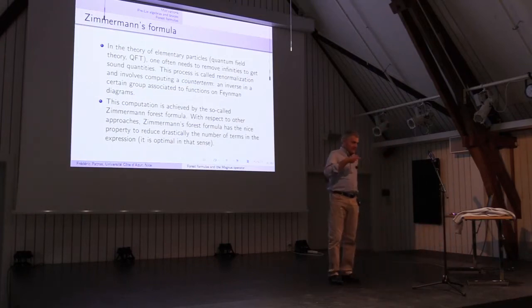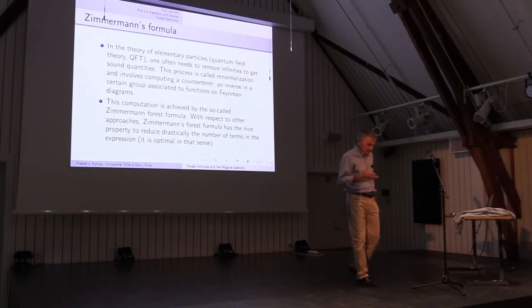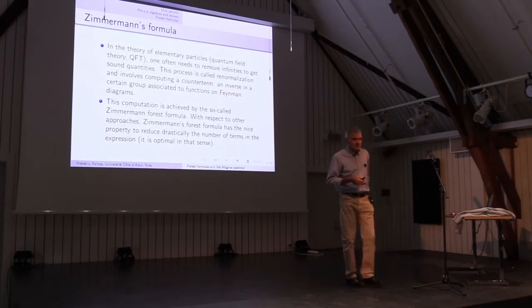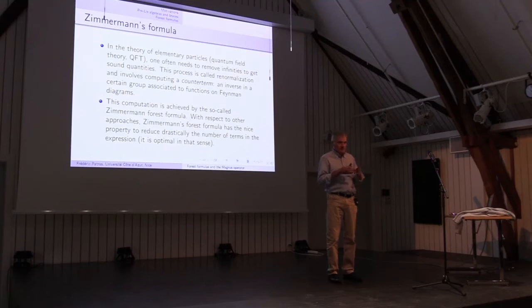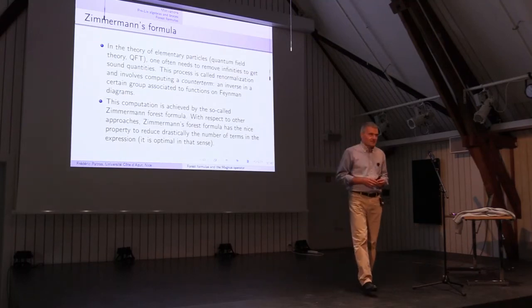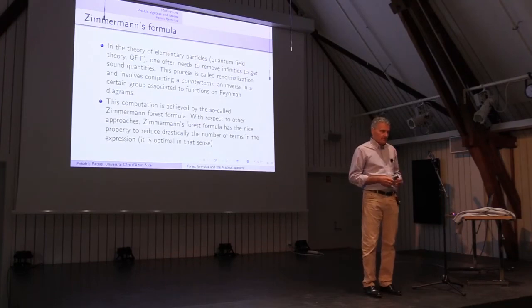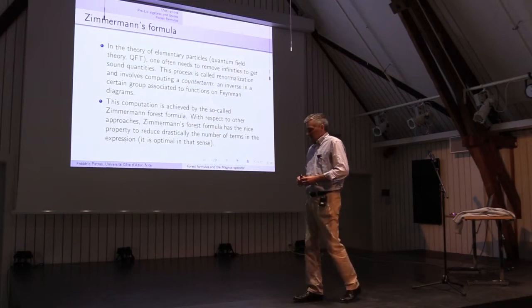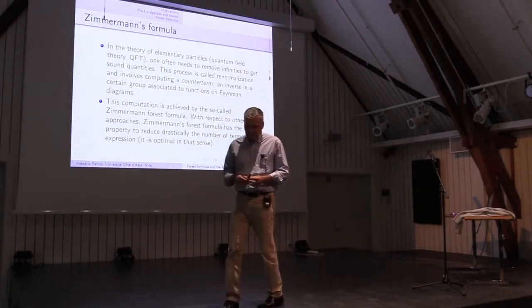In high energy physics, when you want to remove infinities, there's a process which is group theoretical, where you have to compute an inverse in a group. And this inverse is computed using what is called the forest formula, because it's parameterized by a forest of subgraphs of a given Feynman graph, or a family of Feynman graphs. And so this is where forest formulas have appeared.